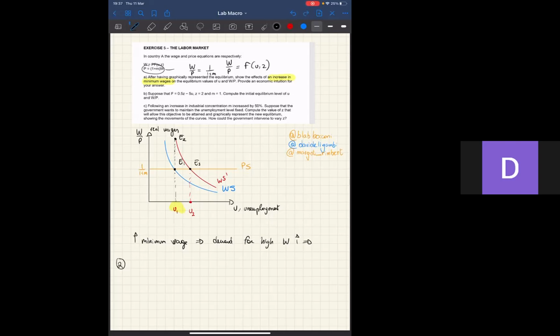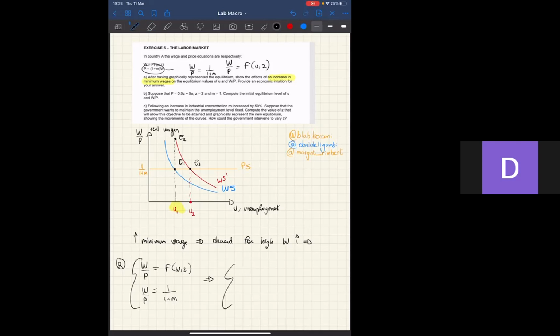Very quickly here, we just put in a very basic system of linear equations, our two equations, meaning the price setting and the wage setting. This one over here. And we just substitute the values that they've given us.